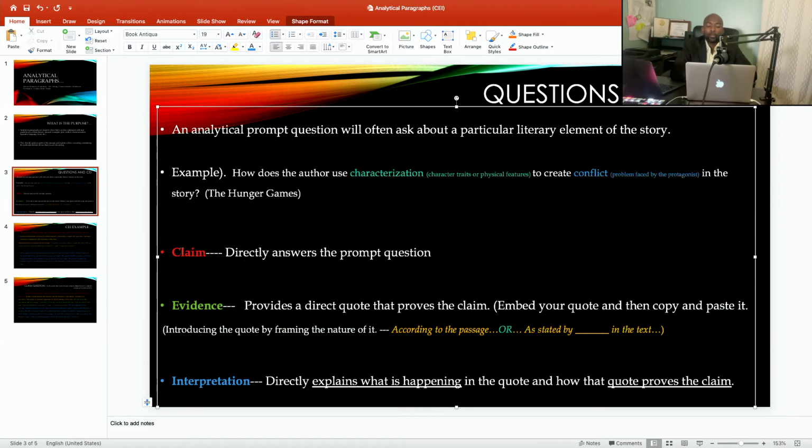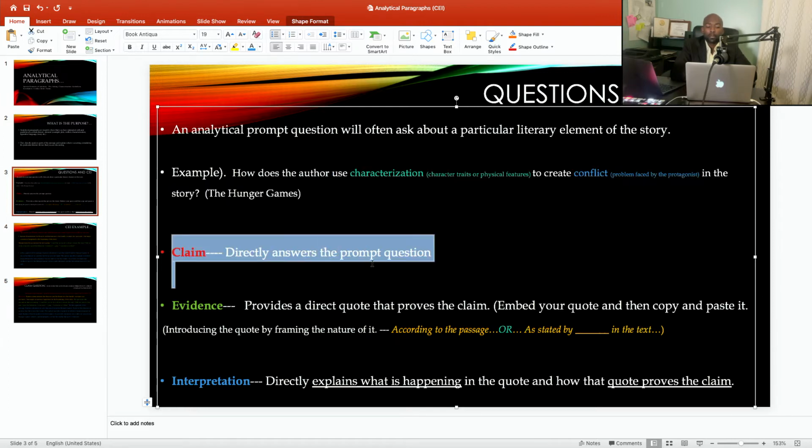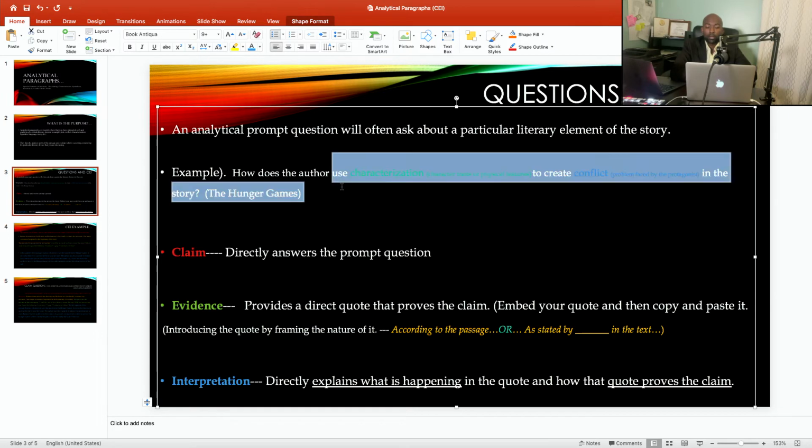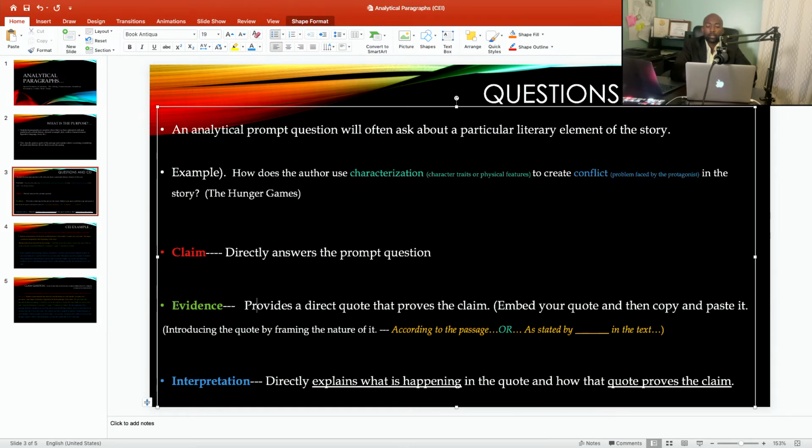So after you've written the claim, as a direct answer to this question here, then you're gonna add the next step underneath the claim, which is the next part of the paragraph. That is the evidence. And the evidence is taken directly from the text. So you look for something in the text that proves what you're saying in the claim. Okay?